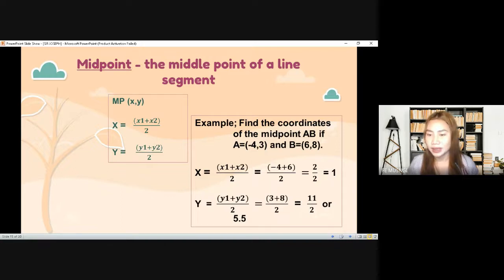So it is equal to 2 over 2 and 2 over 2 is equal to 1. Next, for the y, so we have to substitute y sub 1 plus y sub 2 over 2 for 3 plus 8 over 2. So, magiging 11 over 2 or 5.5. So, the value of x and y are 1 and 5.5.